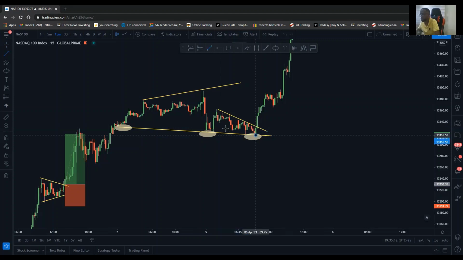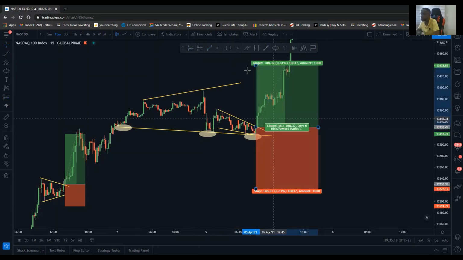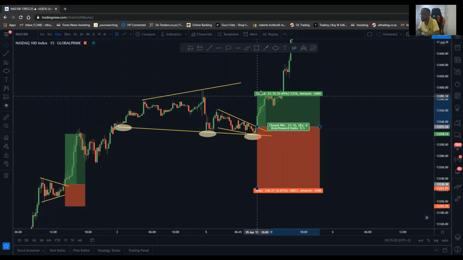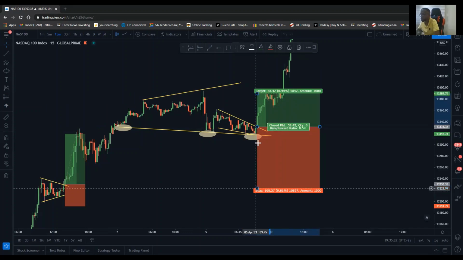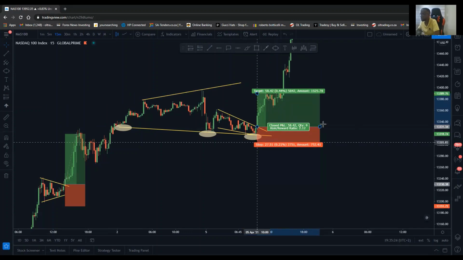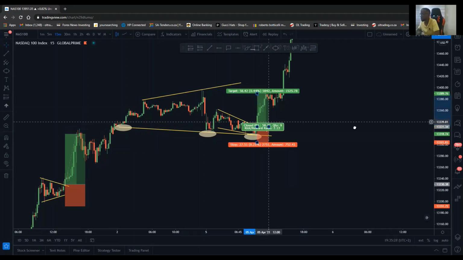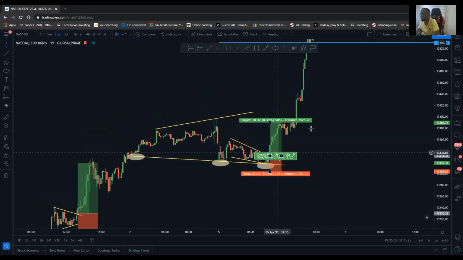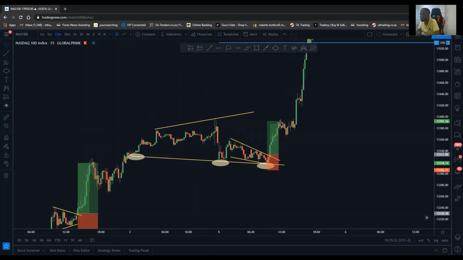Our TP will just be this. So your buy will be here, and then the first TP will be here, first target, and then see the second entry was presented here as well, which is a correction, impulse correction, impulse.